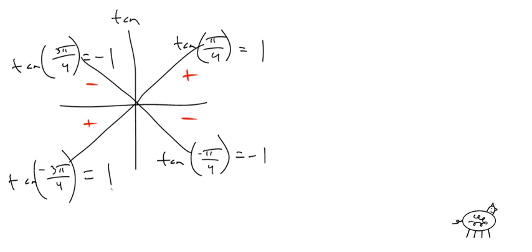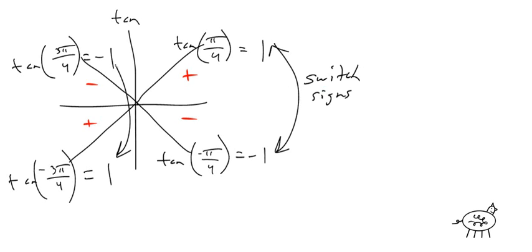Okay, so this actually has the same idea as sine. Because remember, it's switched. If I go from here to here, you switch signs. Same thing from here to here, right? Switch signs. So I can really say the tangent of theta is equal to y over x.